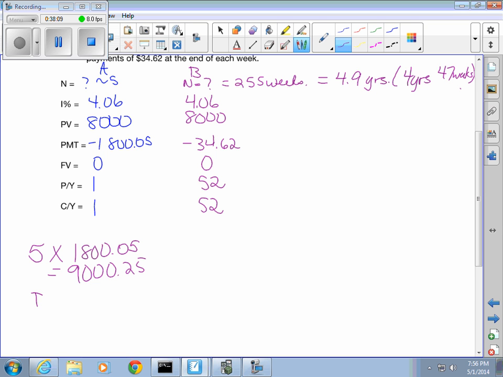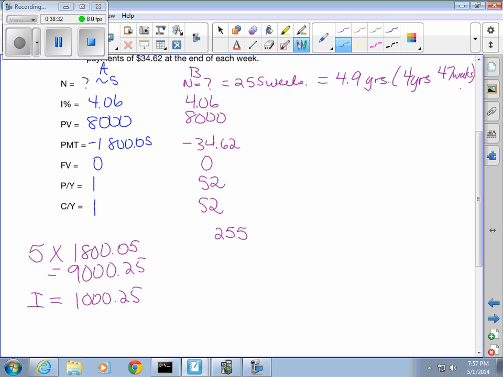So interest then will be minus that $8,000, so it'll be $1,025. So this option A loan, you're paying it off in 5 years, because remember it's 4.999 whatever, and you're paying about $1,000 in interest.